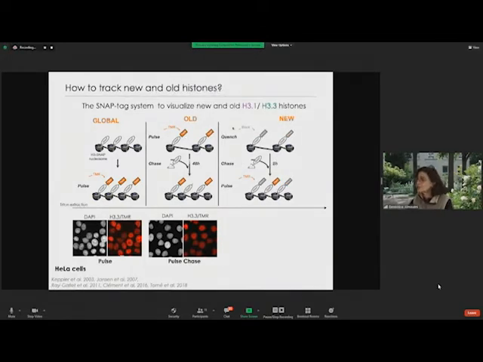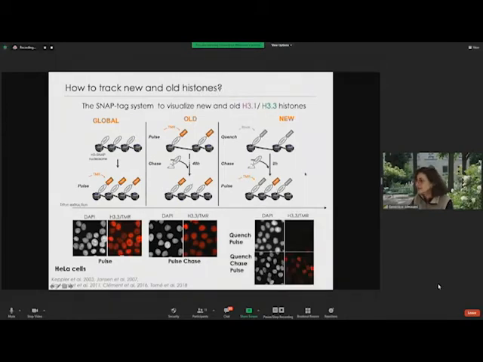But you can also play with the system by first blocking using a benzyl guanine derivative that is not fluorescent, in which case you quench what is present to begin with. Then you can chase, and then the newly synthesized histones will come in. And then if you pulse with your labeled TMR, then you will be able to detect the new histones. And that is what you can see here. So this is really a very convenient system.